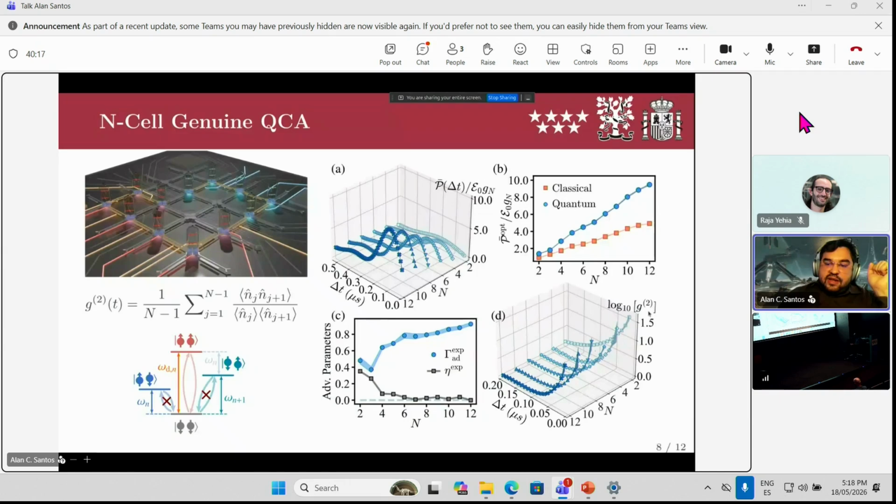So we can see that in all cases, we have a very high two-photon correlation transition for shorter times, in the time scale of the maximum power for the battery. And of course, for longer times, this correlation decreases because the system gets a lot of population.